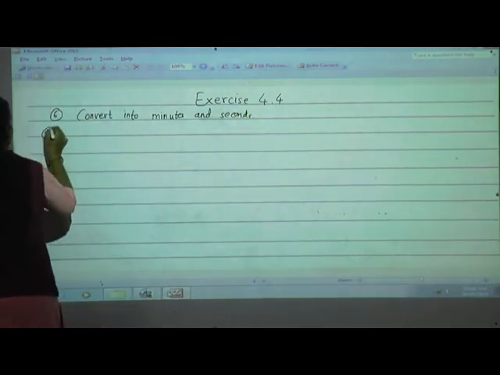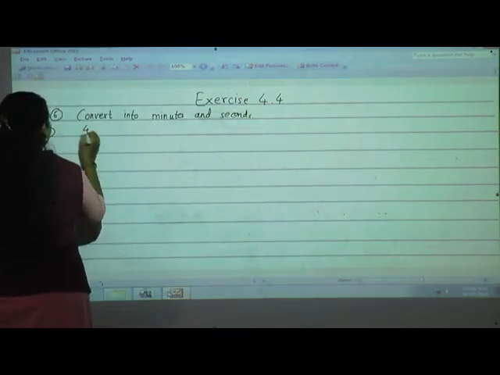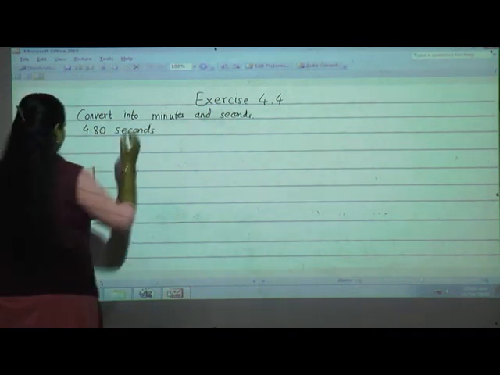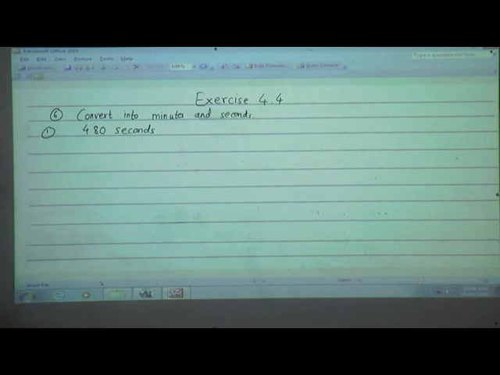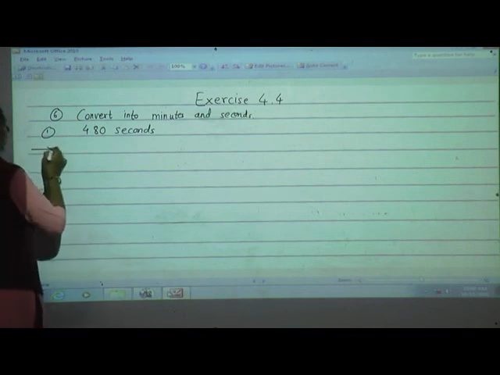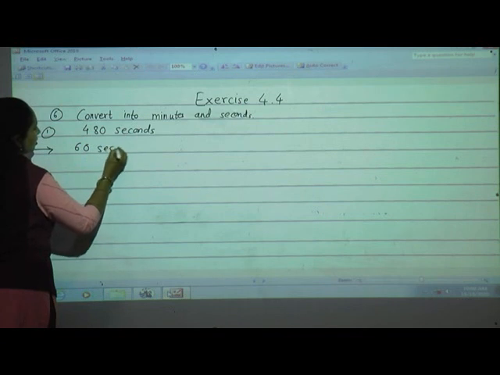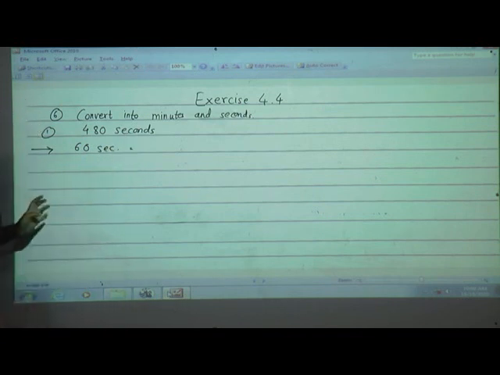First one we will solve. 480 seconds. See, seconds, when you want to convert into minutes, what do we have to do? We have to, yes, divide by 60. Okay? You know that 60 seconds means 1 minute, or 1 minute means 60 seconds.